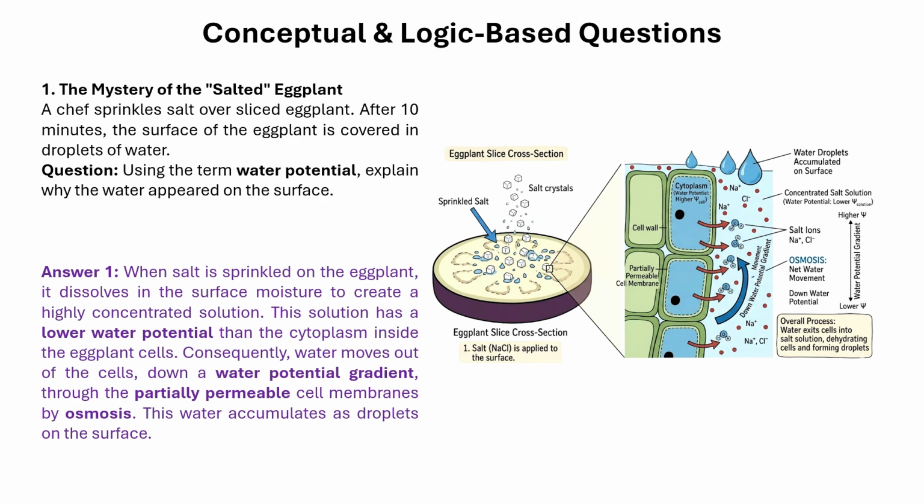Consequently, water moves out of the cells down a water potential gradient through the partially permeable membrane, through the process of osmosis, and this water accumulates as droplets on the surface. It means that the salt solution has lower water potential and the cell solution has higher water potential. That is the reason water moves from inside the cell to the outside of the cell through osmosis.